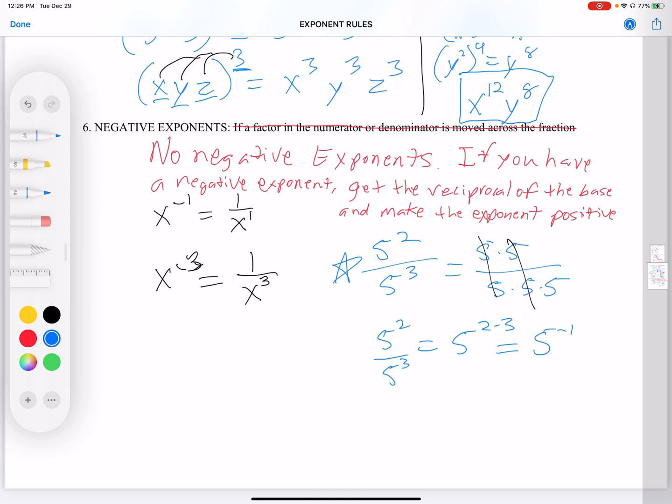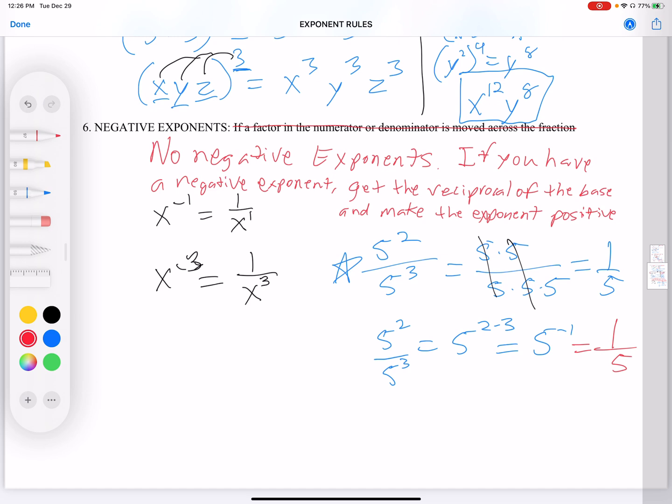So I am now left with 1 over 5, which means that 5 to the negative first has to equal 1/5. And this works in every case.